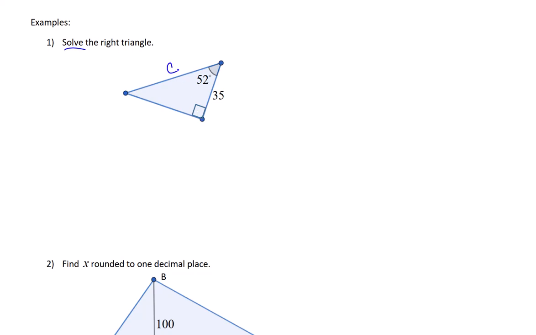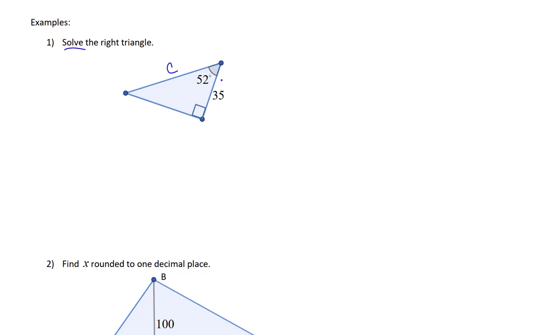I'm going to call that C just because I have to give it a name, and we've used C, I think, in the past for a hypotenuse. You could call it anything, but we know the hypotenuse is always across from the right angle. And then the side that would be adjacent to the right angle, or in other words, touching it on one side, has a length of 35 that's given. Now, we don't know what the units are.